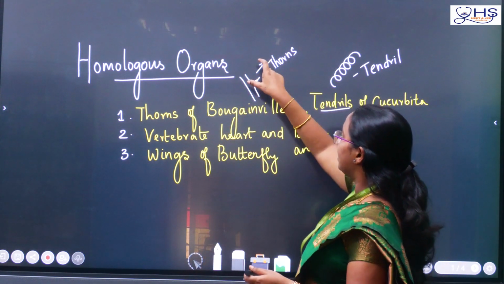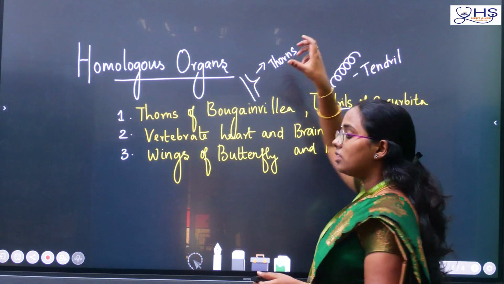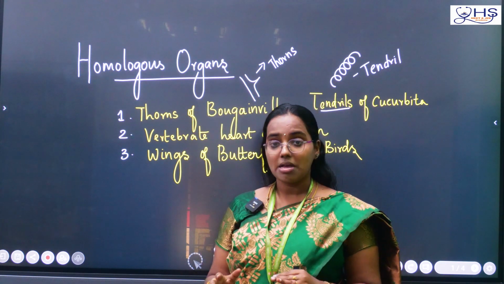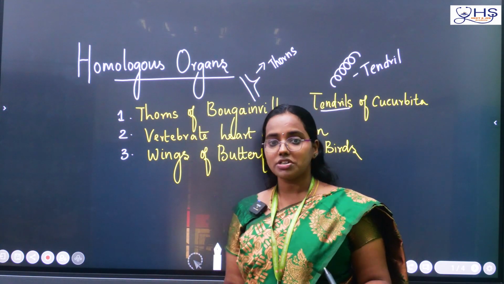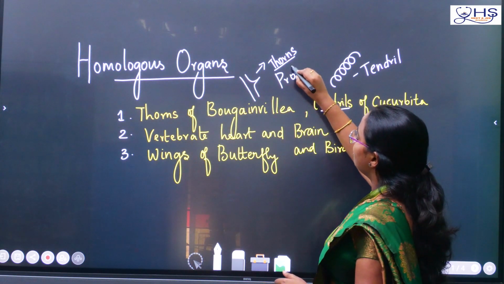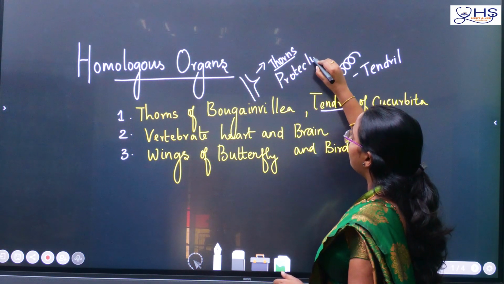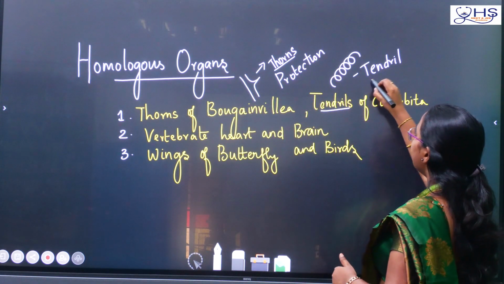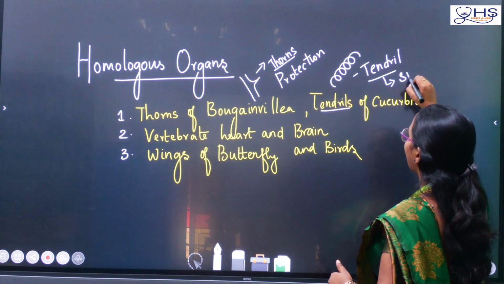So here you can see clearly thorns and tendril, they both have the same anatomy, meaning they are the modification of stem, but the function is different. What function is different? Here the thorns are used for protection. The plant will protect itself from the external disturbances, whereas tendrils are used for support.